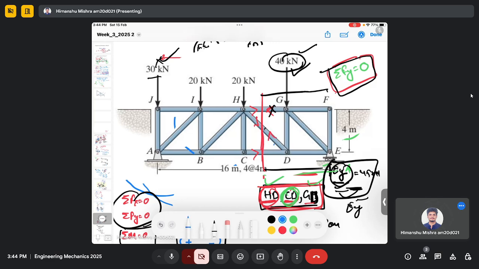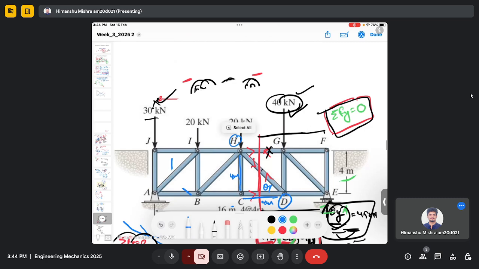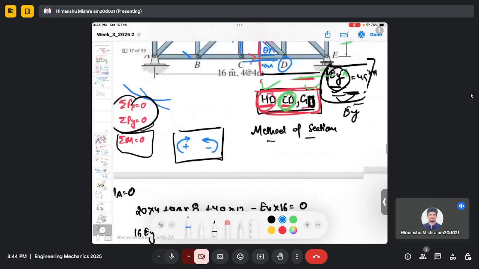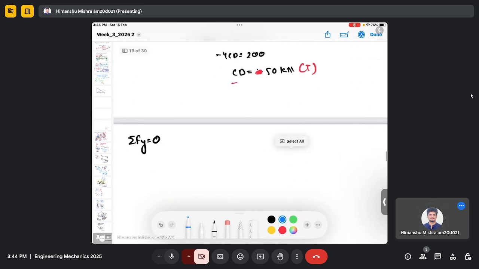If you have this angle as theta, because you want to find the component of force HD, and this side is 4 meter and this side is 4 meter, then you will find theta will be 45. So this will become sine 45, and it's in the upper direction. So HD sine 45 minus 40 plus 45, which is my EY, equals 0.